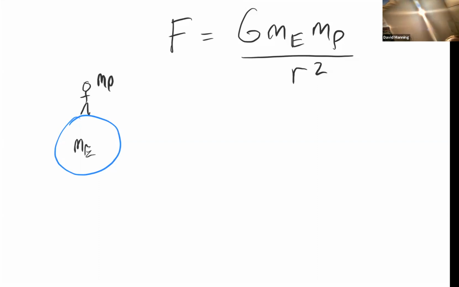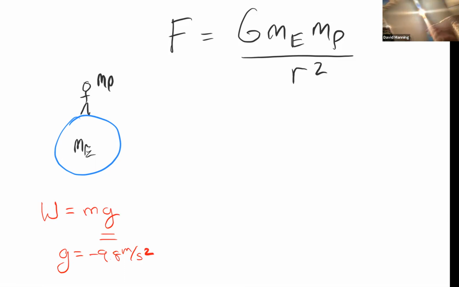Remember weight? Weight was equal to mg, mass times the acceleration due to gravity. And we said this g was negative 9.8 meters per second squared, and it didn't matter what the mass was. That gravity is negative 9.8 meters per second squared, regardless of the mass.